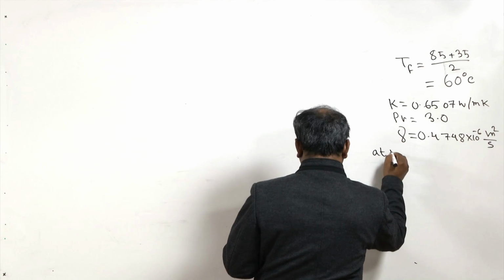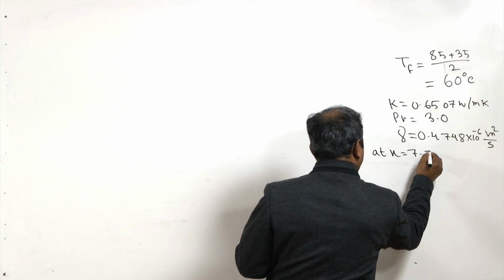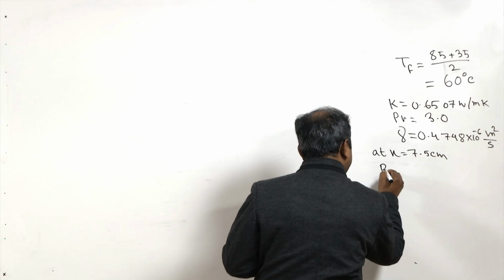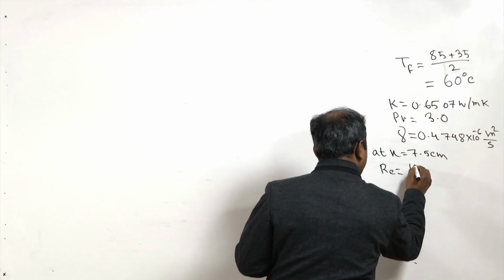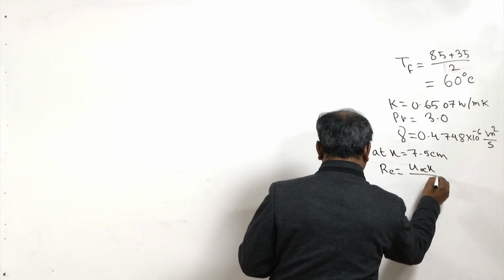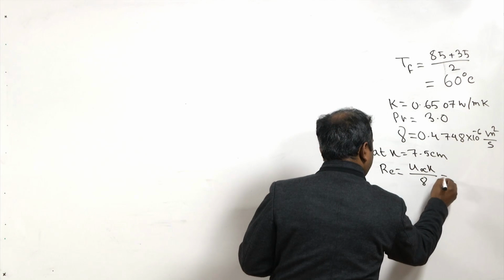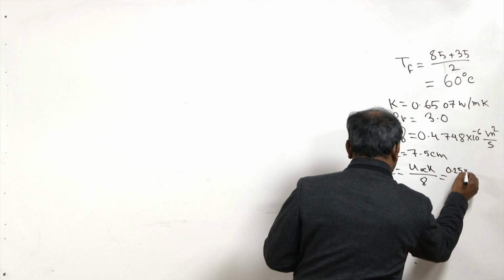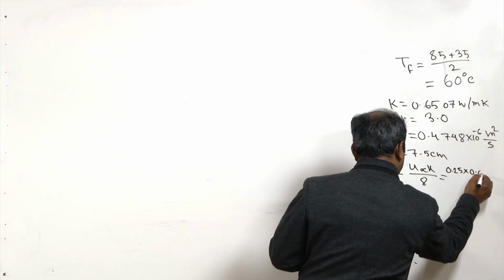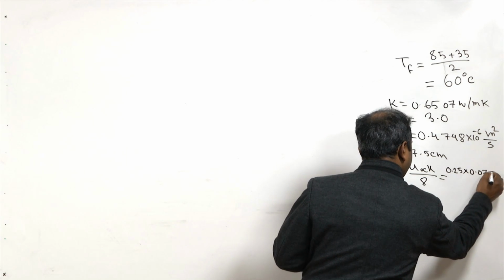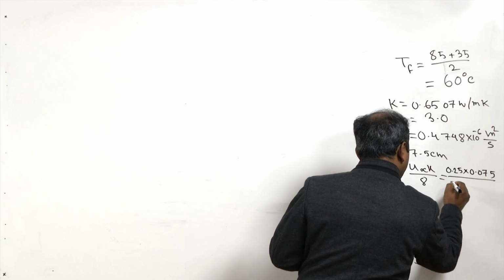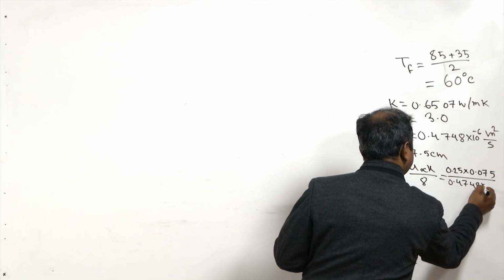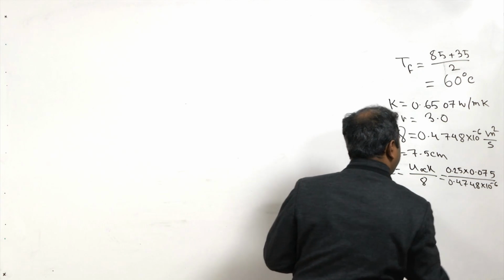So at x equals 7.5 centimeter, Re is u infinity x by nu, and u infinity is 0.25, x is 0.075, divided by nu, that is 0.4748 into 10 to the power minus 6 from the property table.